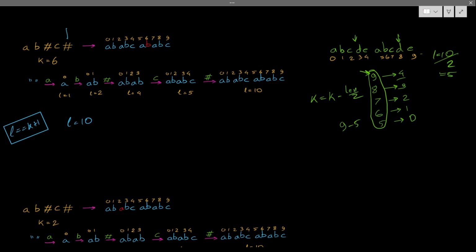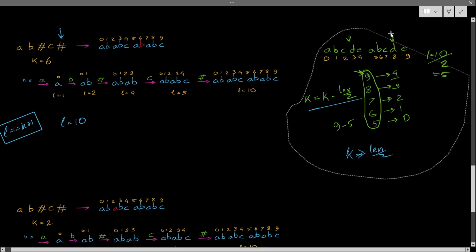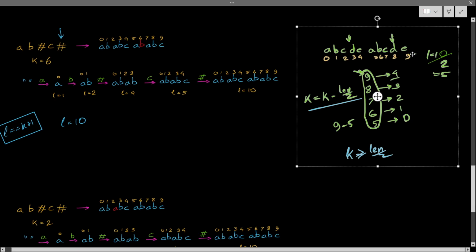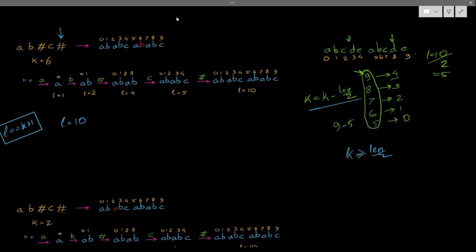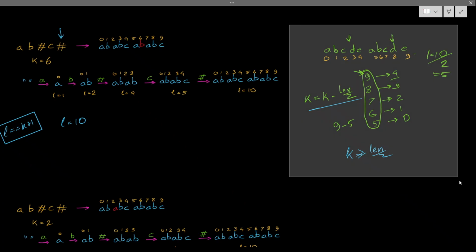Currently my character is hash. Whenever I get hash, I check whether k is greater than or equal to length by 2. If that is the case, I will update the k value. So what will be the formula? If I get character equals hash, then I write it down.